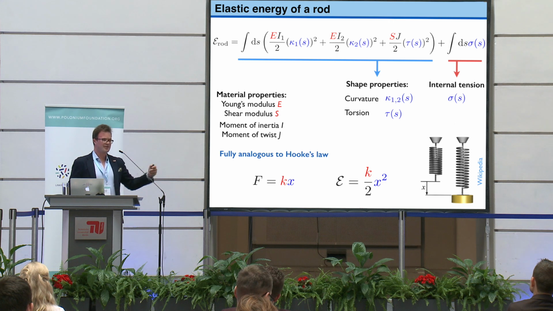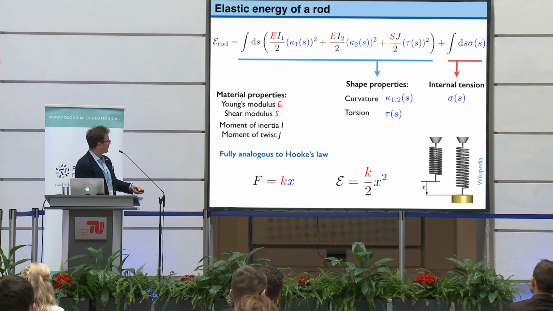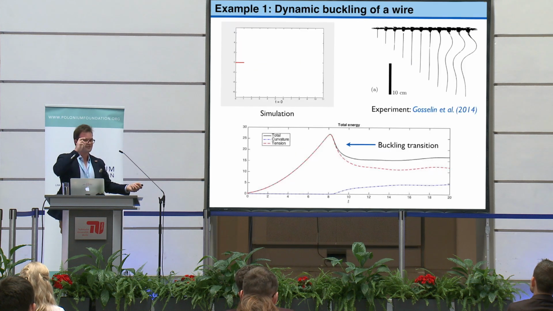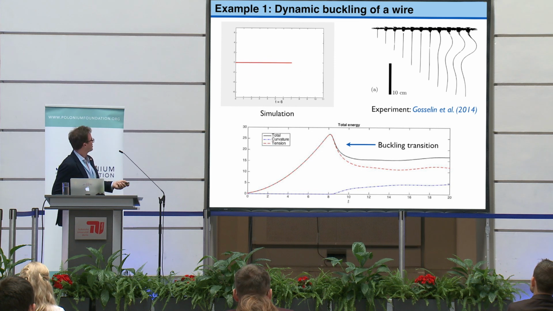So the more I deform it, the more energy it has stored. It's fully analogous to the motion of a spring, which you stretch, and then you increase its elastic energy. And so the interplay of these two effects is responsible for the creation of shapes.